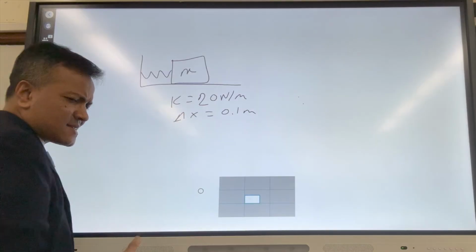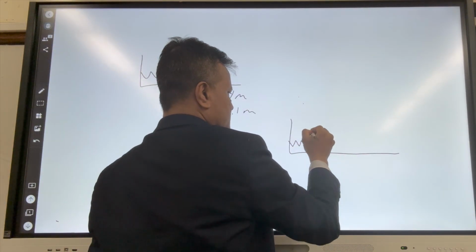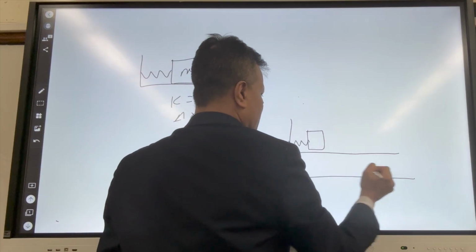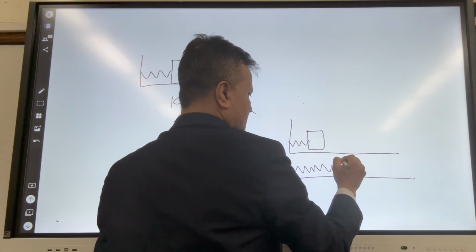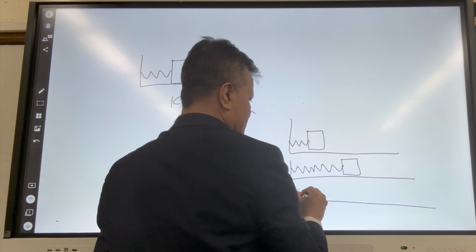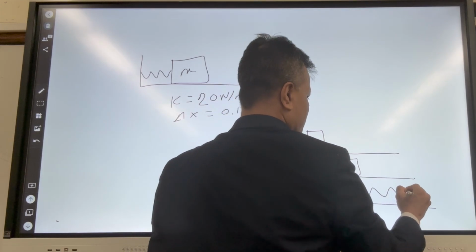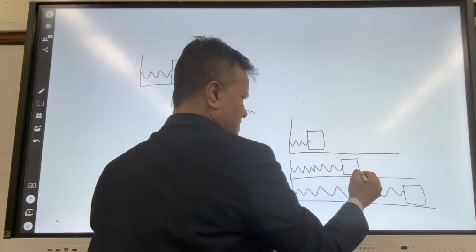Now, as I said, if you have a spring, this is 100% compressed. After 100% compressed, what happened? This is equilibrium. After equilibrium, what happened? Here delta x is 0.